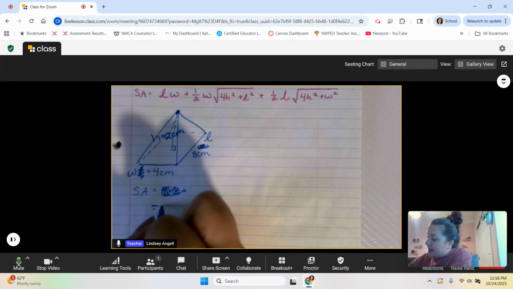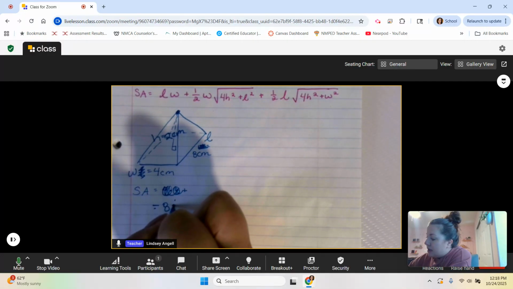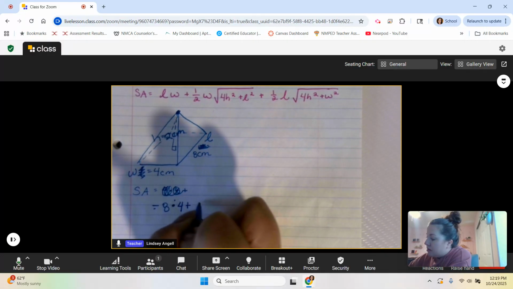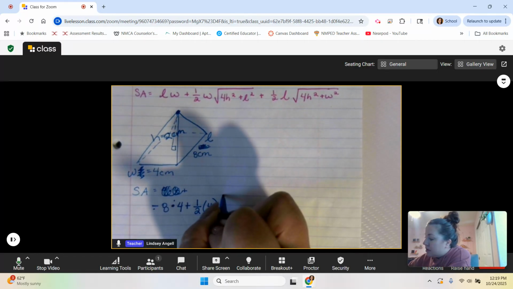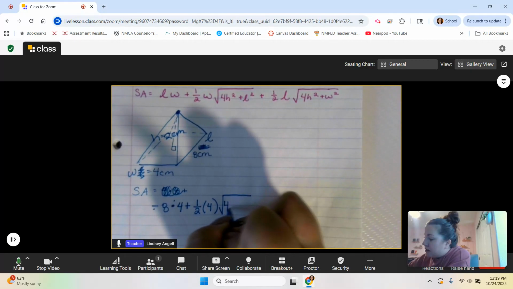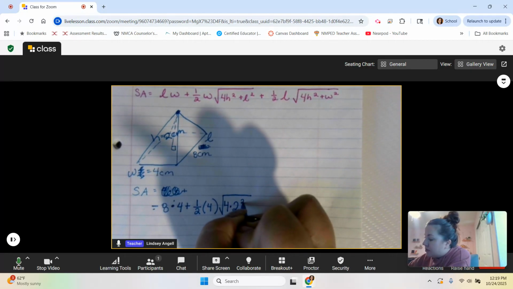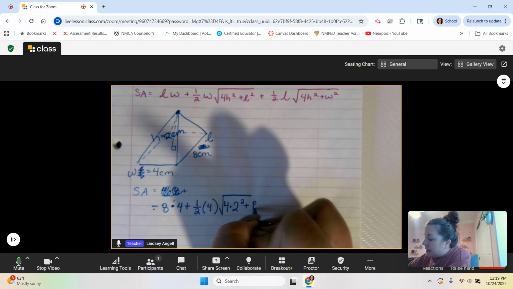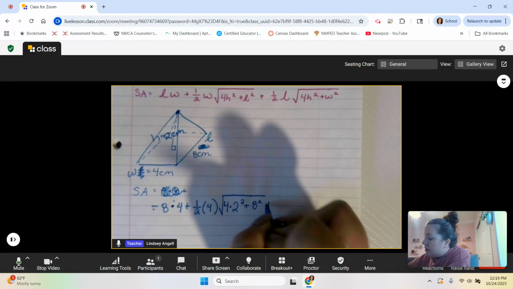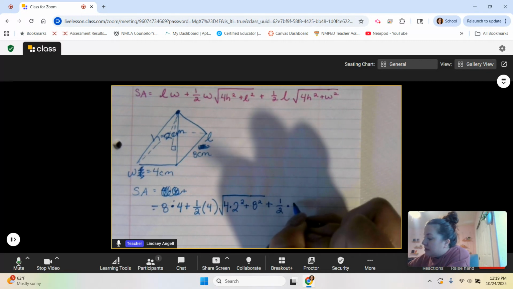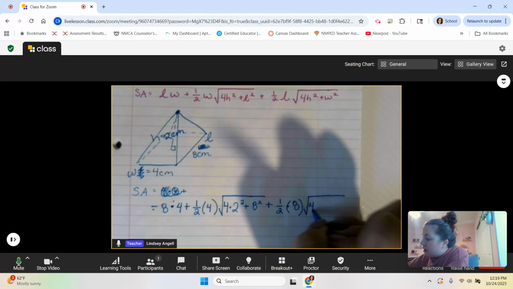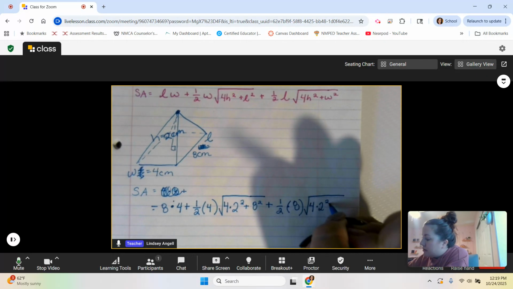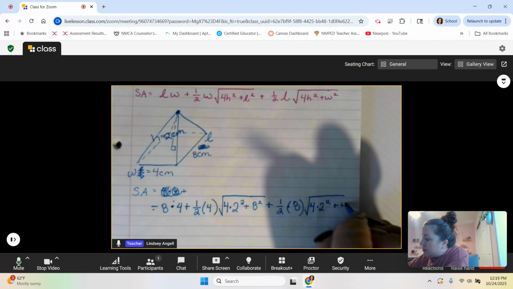My length is 8, and my width is 4, plus 1/2 my width, so 1/2 times 4 times the square root of 4 times the height squared plus the length squared, plus 1/2 times my length, which is 8, times the square root of 4 times the height squared plus the width squared.